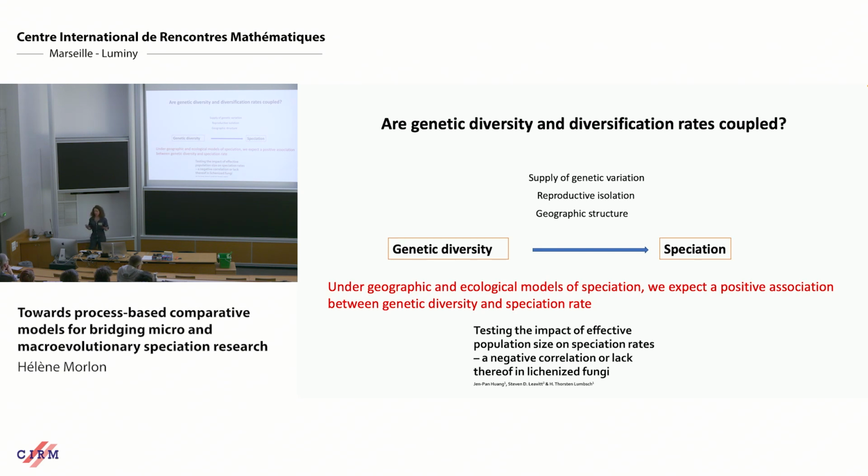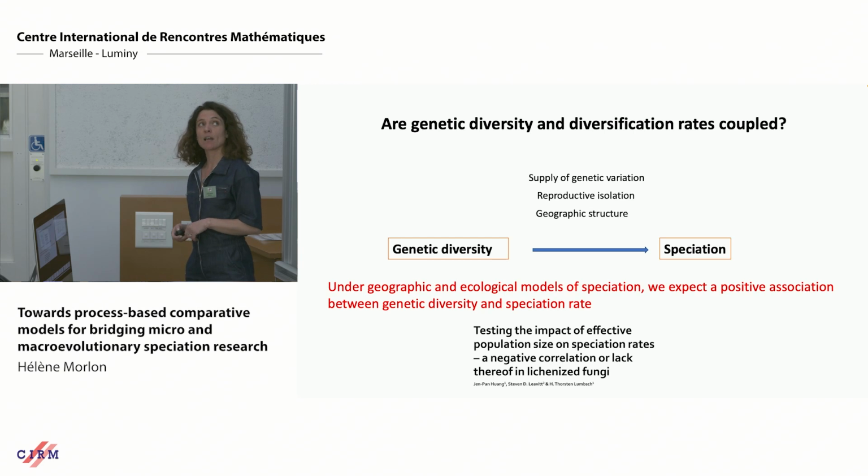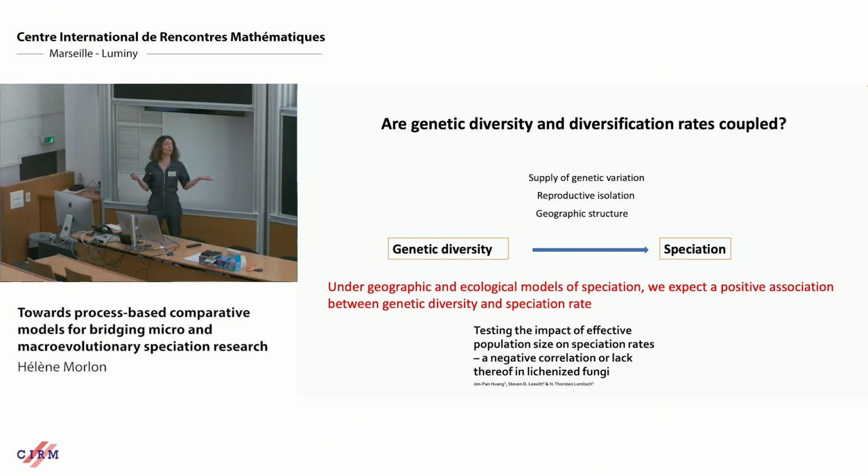Under these geographical or ecological models of speciation, we expect this positive relationship. We found one previous study that tested for this relationship and found a very weak correlation, and if anything, more of a negative correlation between genetic diversity and speciation rates in fungi.